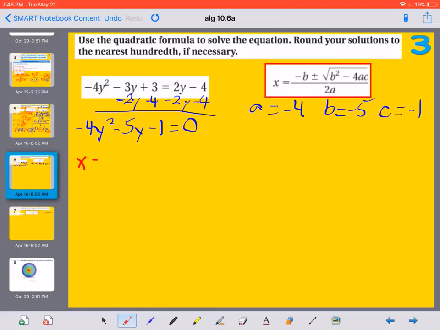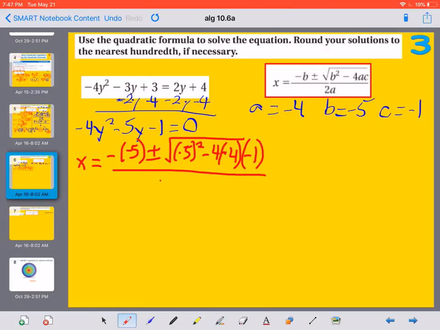So x is going to equal negative 5 plus or minus the square root of negative 5 squared minus 4 times a, which is negative 4, times c, which is negative 1, over 2 times negative 4.